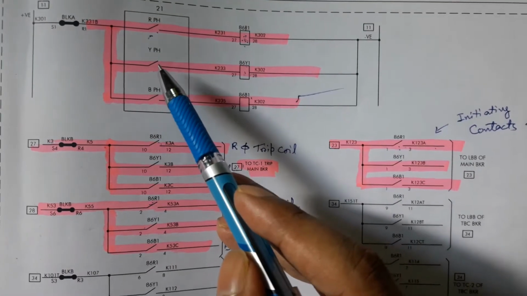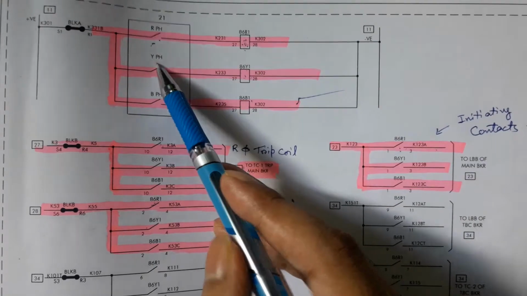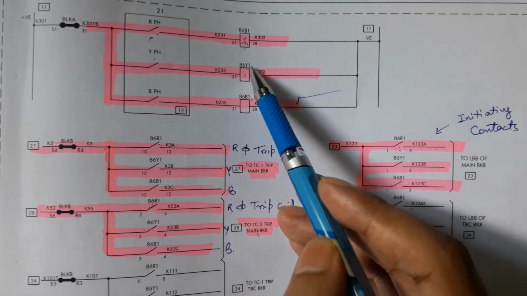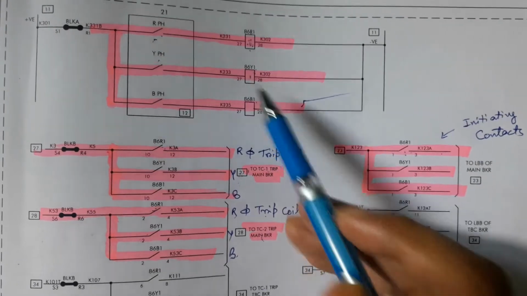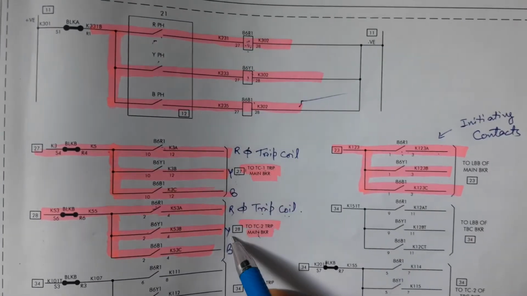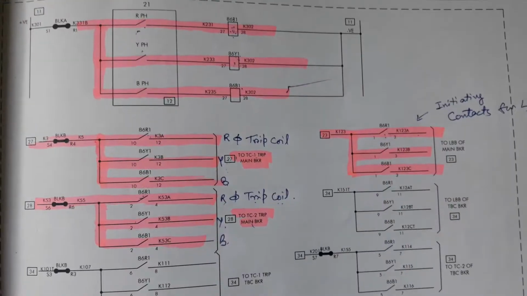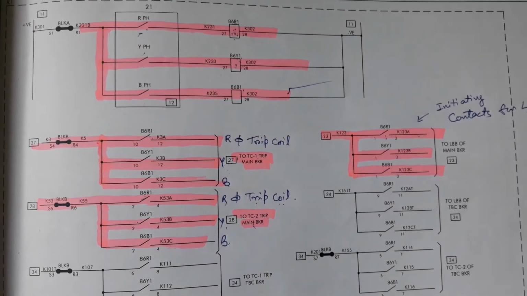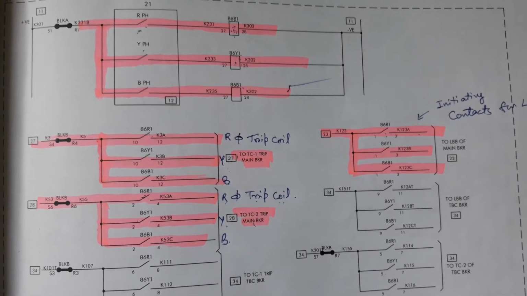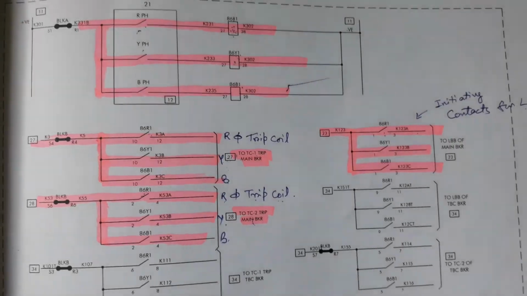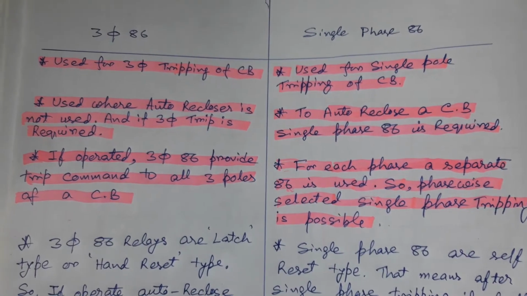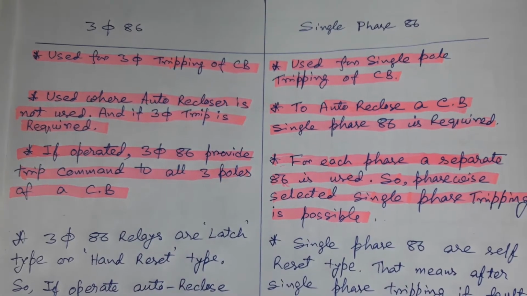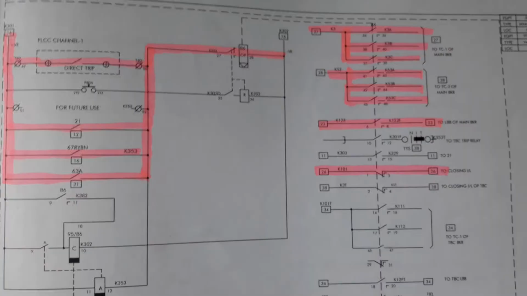Similarly, for any single phase to ground fault in yellow phase, only 86Y or yellow phase single phase 86 will operate, which will trip only the yellow pole of the circuit breaker. So a tripped faulty phase is not affecting power flow in the healthy phases. But on operation of three-phase 86 relay, all three poles of the circuit breaker will go dead.